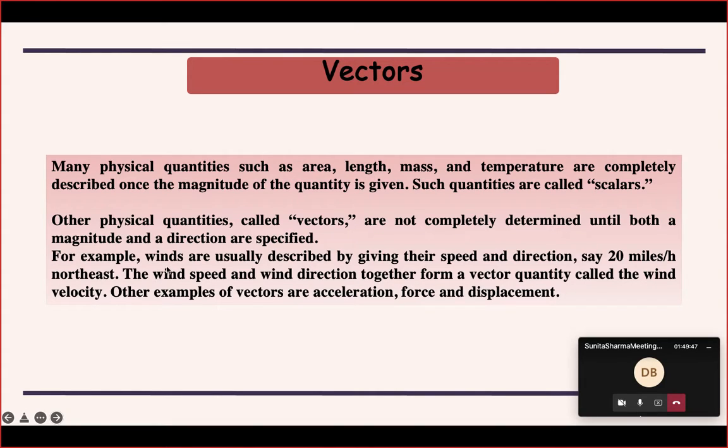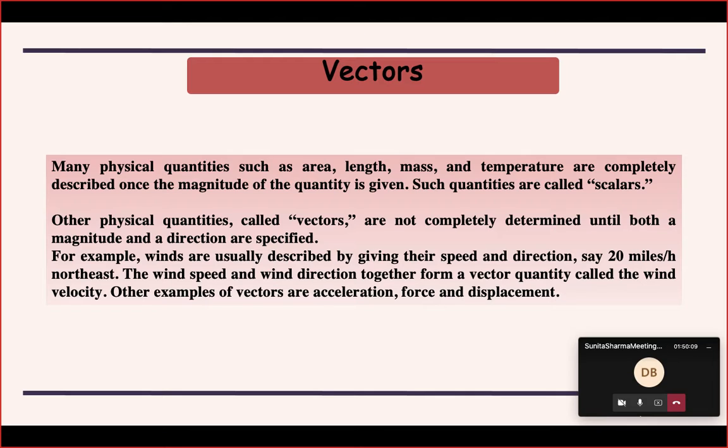For wind, you would like to know the velocity rather than the speed, because speed only gives you information about how fast the wind is moving, but it is not telling you in which direction it is moving.